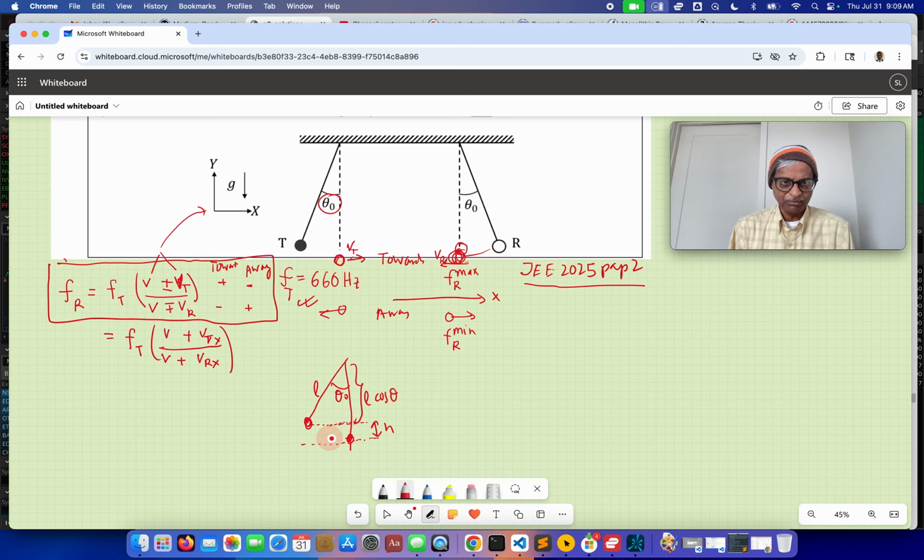So this much potential energy dropped will go into half m v squared. The m just cancels out.